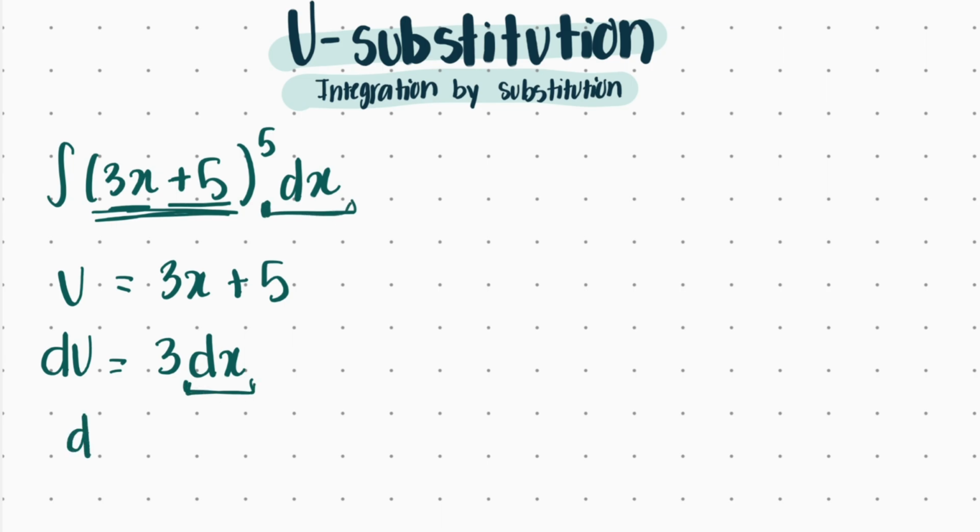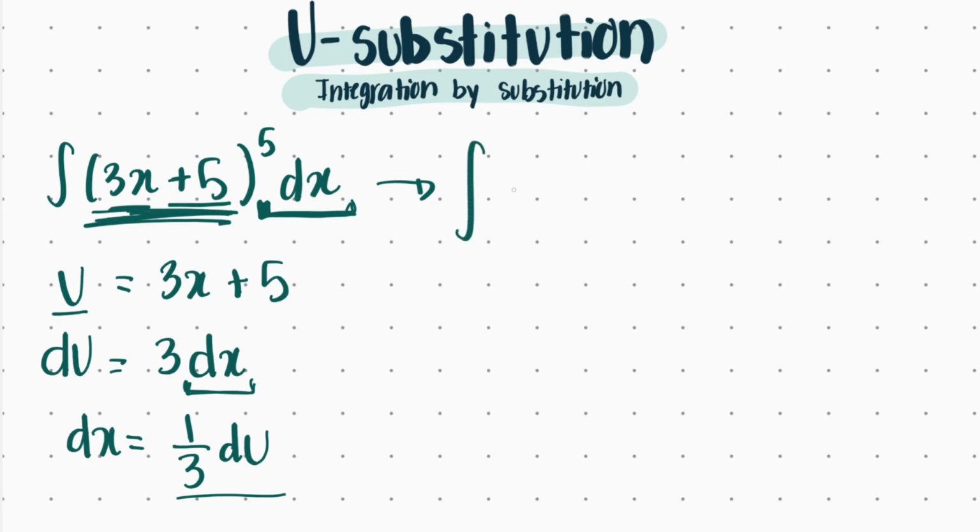Dividing both sides by 3, we get dx equals 1/3 du. Now let's replace 3x plus 5 with u and dx with 1/3 du. So we get the integration of u to the power of 5, because this whole thing is u, times dx, which is what we see down here, 1/3 du.